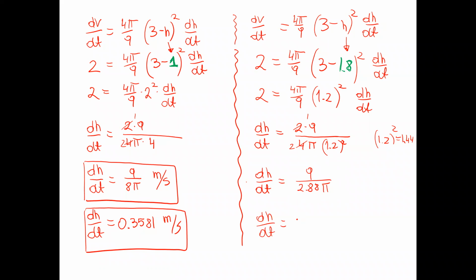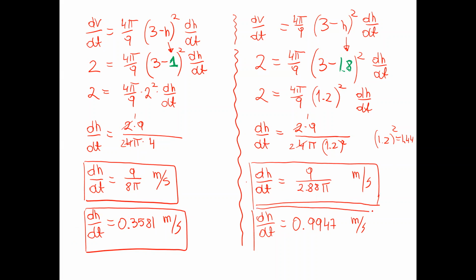And I think it's 0.9947. Yeah, because this is almost 3, a little bit more than 3. 3 times 3 is 9, 9 over 9 is 1. If we had to estimate, we would say 1, and this is almost 1. Of course, meters per second. If we need the explicit form on the test, we will do this. If we need the decimals, maybe for the homework assignment, we will provide this answer.